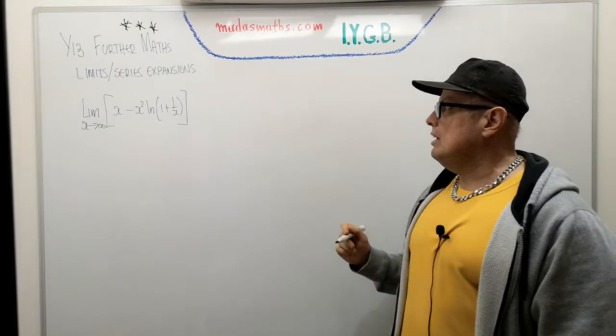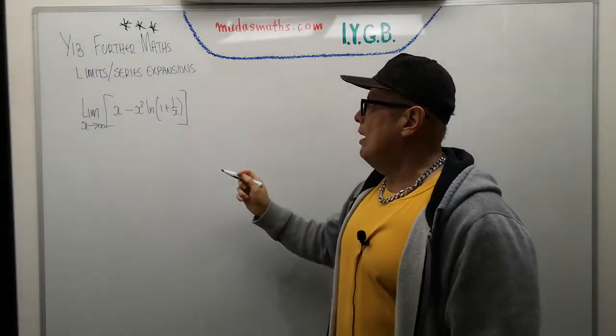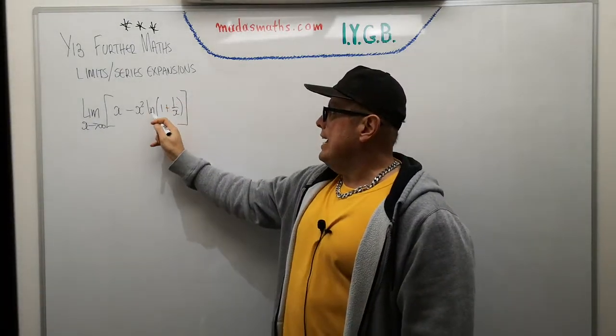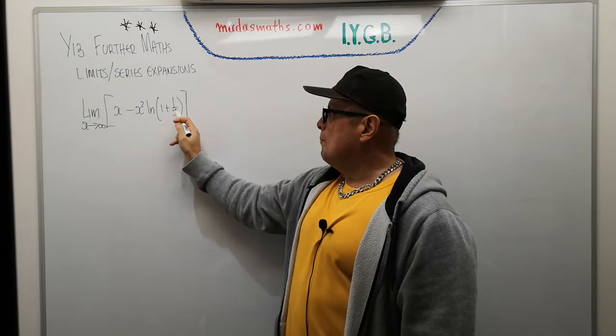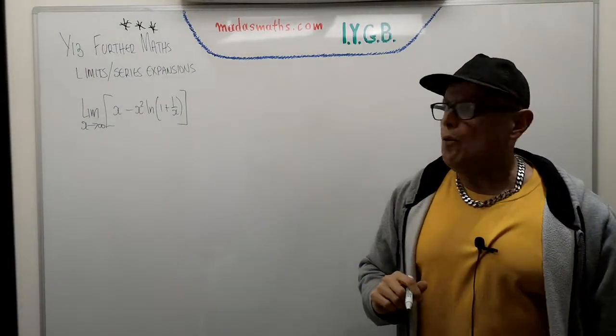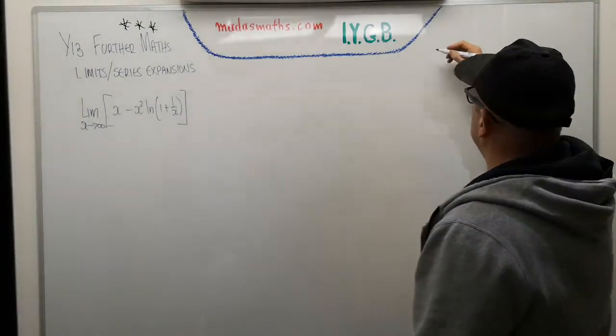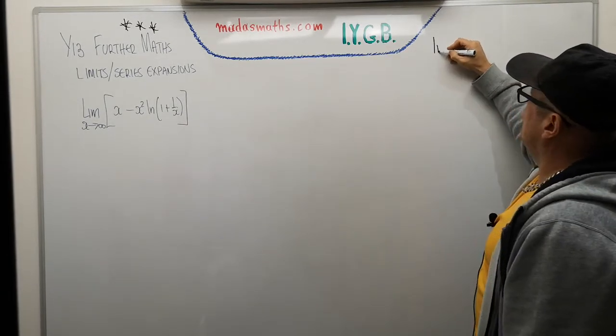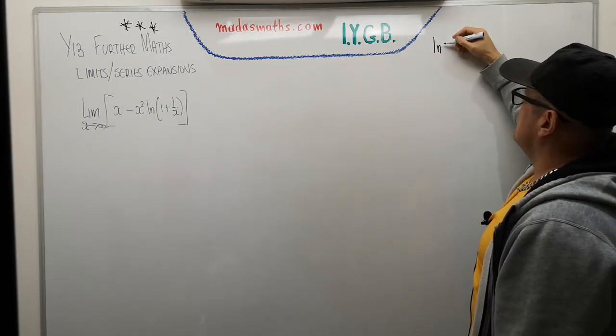The only obvious thing that resembles an expansion is of course the log of 1 plus 1 over x. So we have an expansion for that. I'm going to write it up here. This is in the formula booklet, I believe, in most boards.